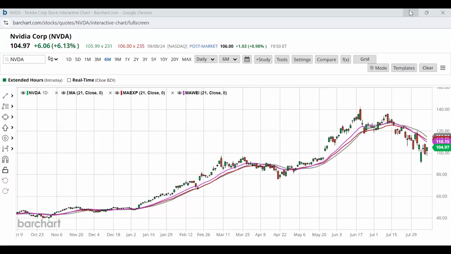Moving average, if I apply, for example, let's say 21 moving average, it indicates, for example, if I am applying a 21 period moving average, it calculates the average price over the last 20 candles. Like here, in the last 20 candles, it calculates the average price of the last 20 candles.